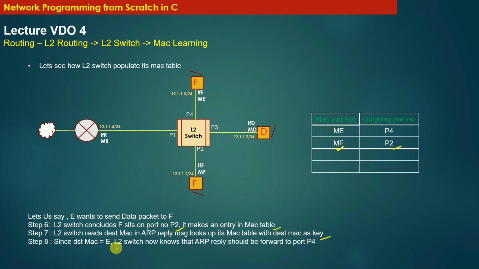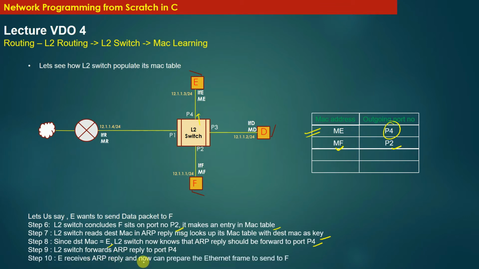Since the destination MAC address in the ARP reply is the MAC address of the machine E, and there is already an entry for that in the MAC address table of the L2 switch, the L2 switch knows that the ARP reply message should be forwarded out of the port P4. So L2 switch forwards the ARP reply to port P4.